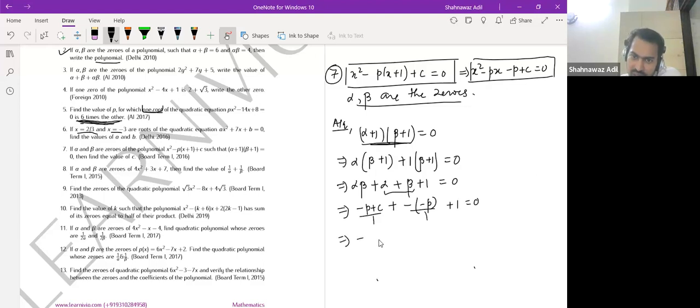So minus p plus c plus p plus 1 equals 0. This part cancels, so c is minus 1. Good, Harshit.